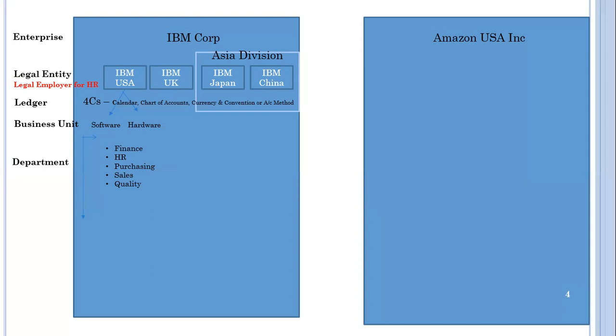Okay. Now, going back to the legal entity, ledger, business unit, a lot of this has repercussions on the finance side. Typically, if there is an implementation team where finance, HR, and supply chain are all there, they sit as a team and decide it.